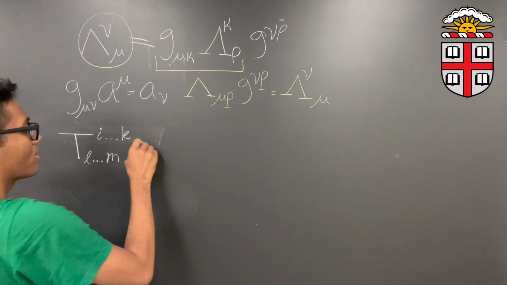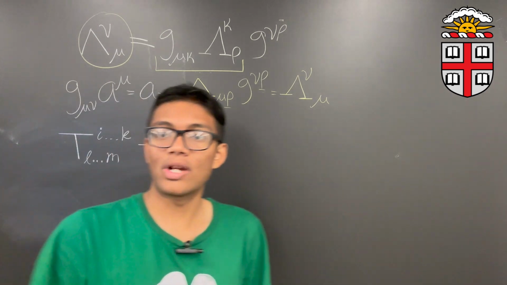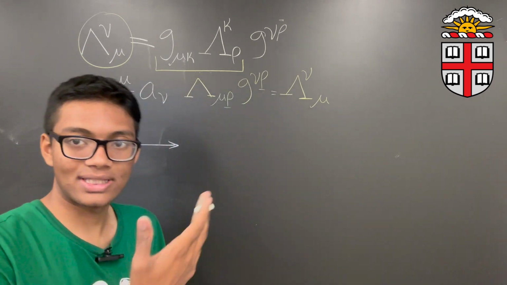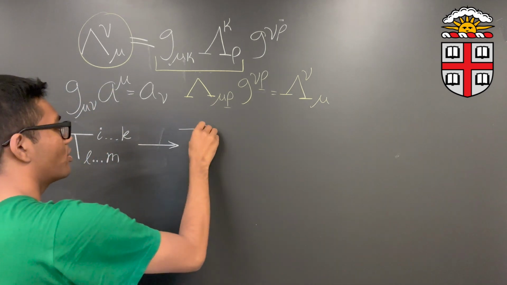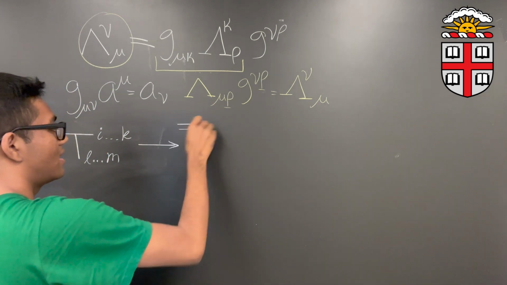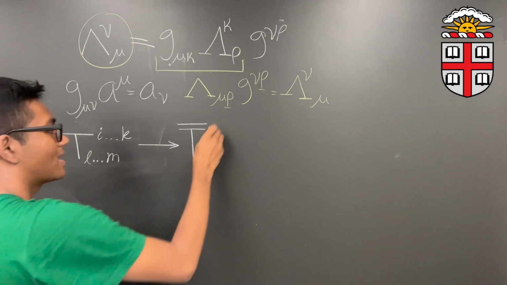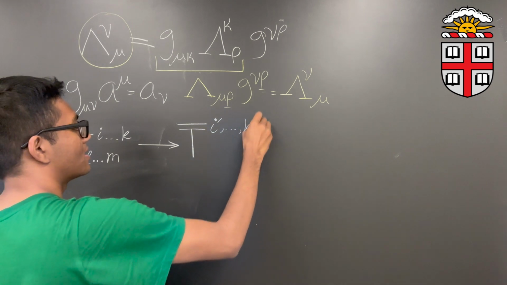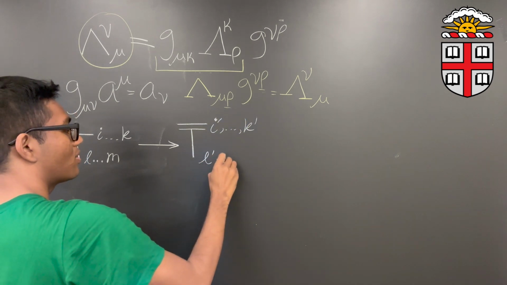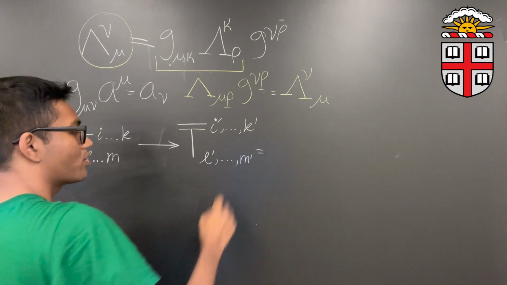The question is, how does this tensor transform in, for example, contravariant or covariant components? Well, if you have the new transformed tensor with components i prime all the way to k prime and l prime all the way to m prime, what would this equal?